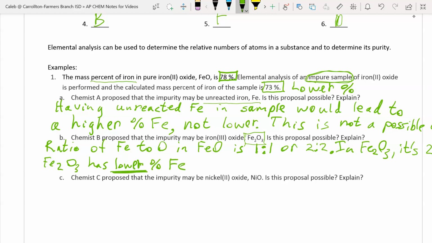Now, is it possible that having Fe2O3 present in the sample could lead to a lower percent of iron in the sample? Absolutely. So this is a possible explanation.